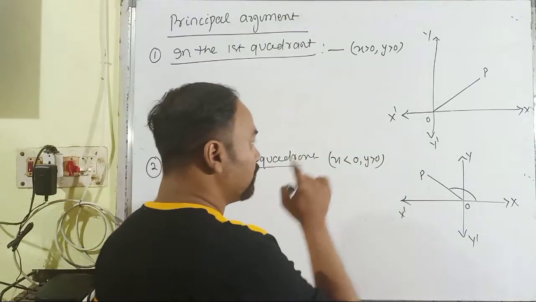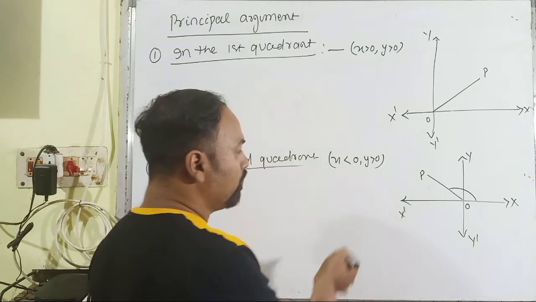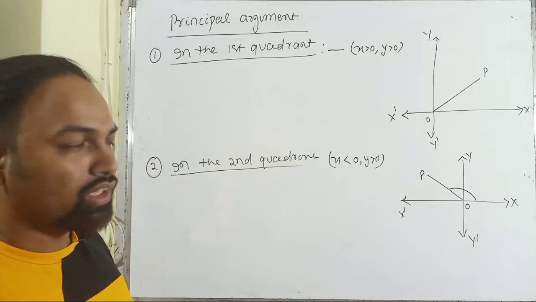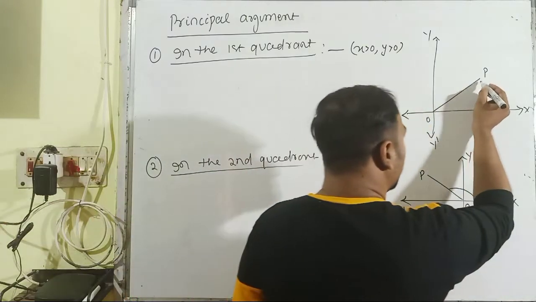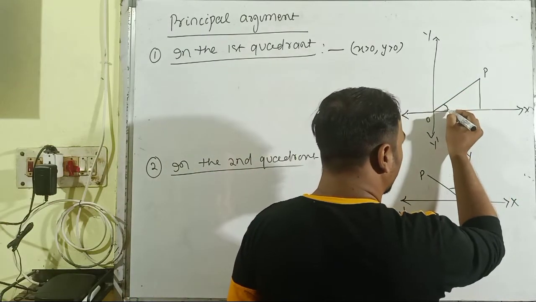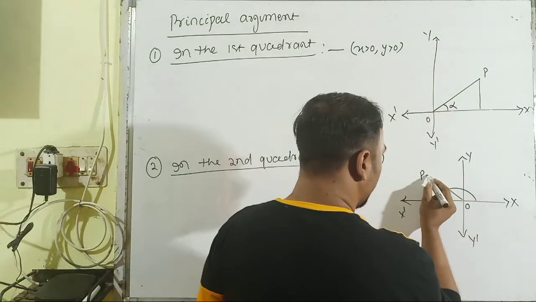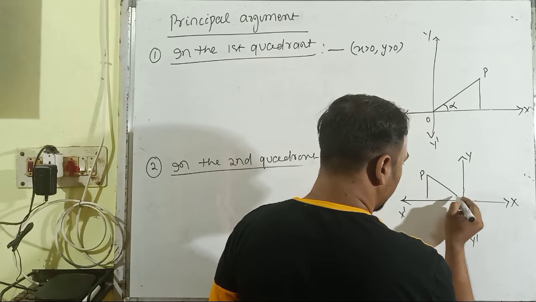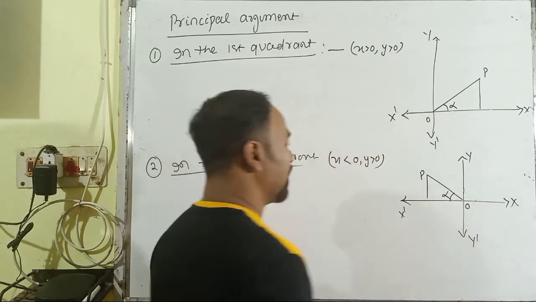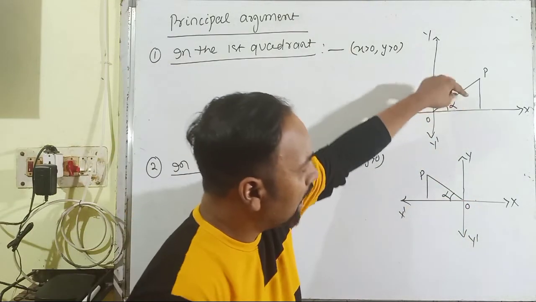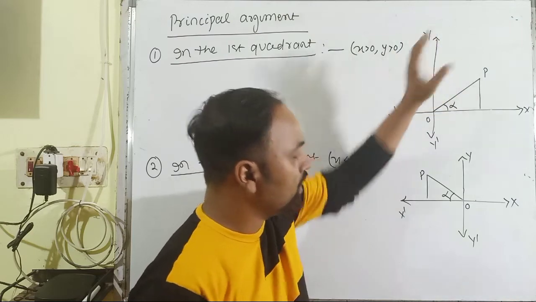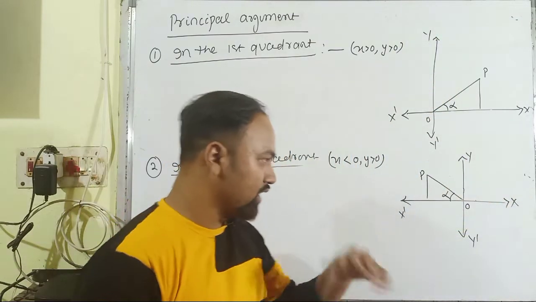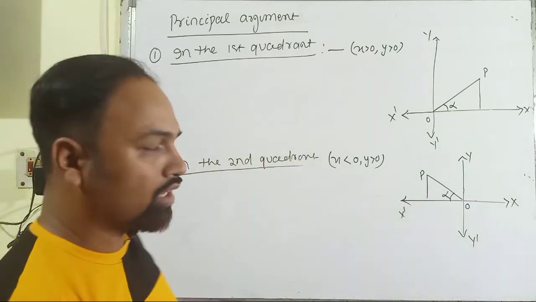First we have to find out the angle made by OP with the x-axis, and it must be an acute angle. Suppose this is alpha, here it is also alpha. Either it is in the positive direction or the negative direction, and alpha is the acute angle.